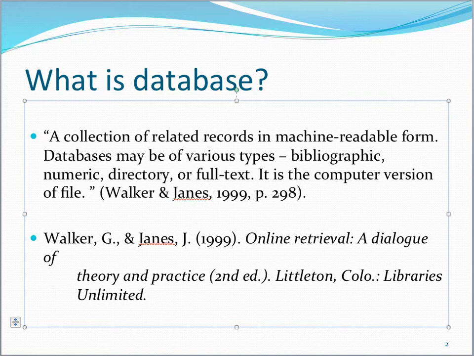You have a representation. So the database represents information objects that are in the library or on the web. It is a digital representation of information objects, in the case of a catalog.